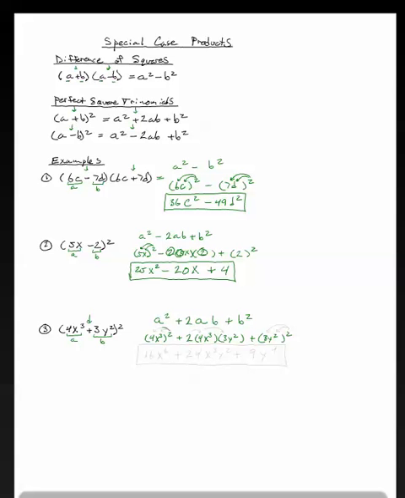Now I apply my power to both factors inside the parentheses. So 4 squared is 4 times 4, which is 16. X to the power of 3 to the power of 2. When I'm raising a power to a power, I multiply. So 3 times 2 is 6.